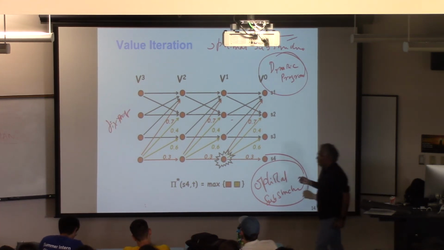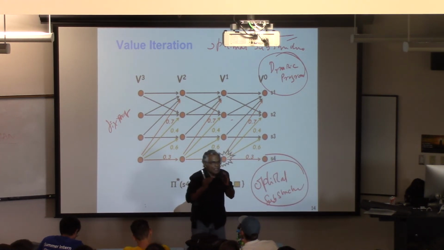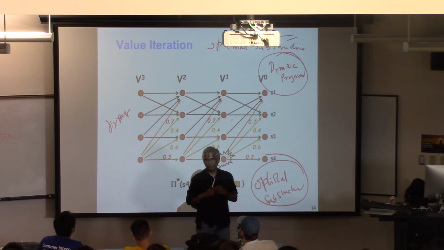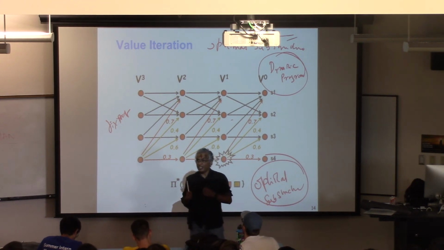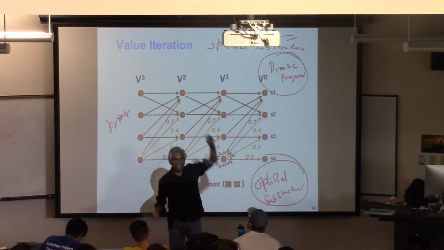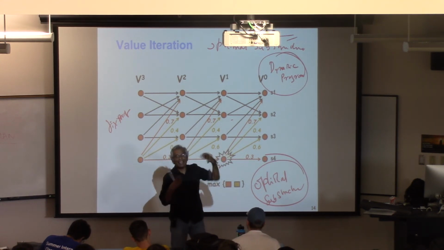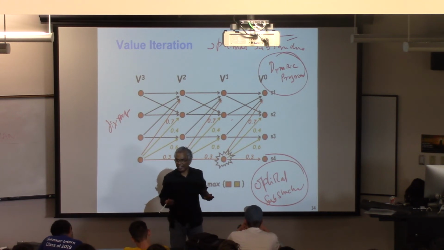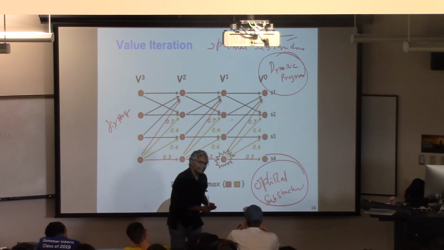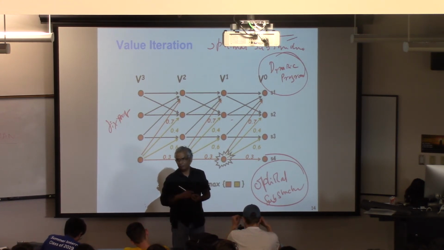That means Vk plus 1 and Vk would be extremely close to each other. It should be 0, but there is no such thing as 0 in real numbers. You never check for 0. Instead, you say Vk plus 1 minus Vk. That will give you a vector of residuals. Take the max of that, and that should be less than or equal to epsilon.